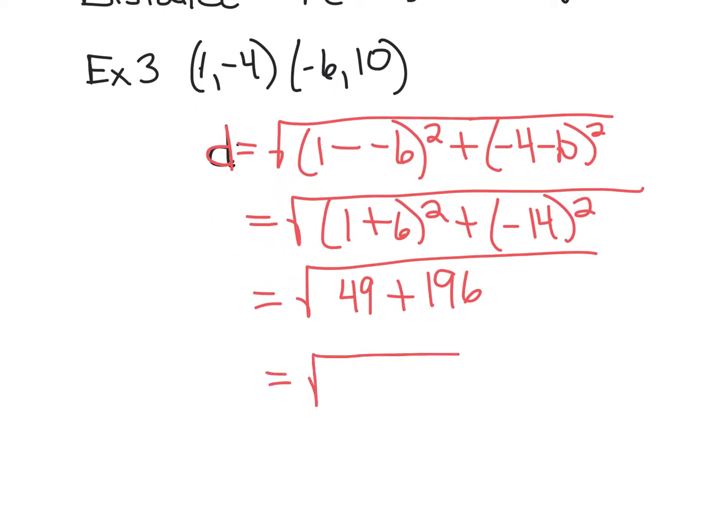And that gives me the square root of, let's see, 245. And I'm just going to leave that like that for now because I don't need to do anything with it. And we will talk more about distance in class. But those are just a few examples to get you started in class tomorrow.